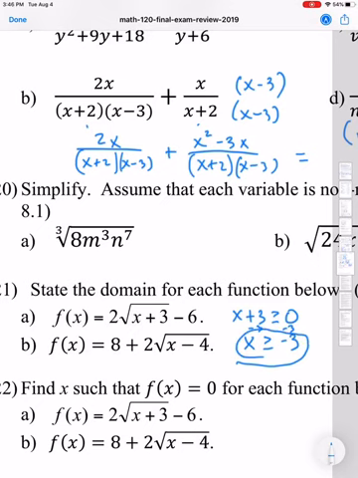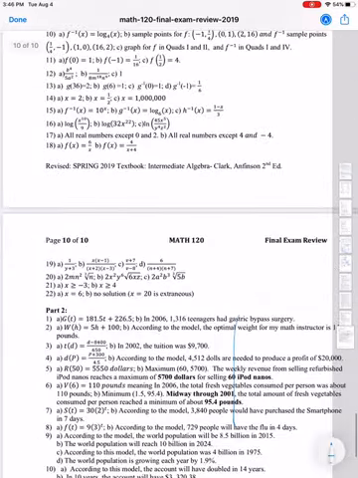Your domain is x has to be greater than or equal to -3. I'm okay with that, but some people are more specific on the notation, like set notation: the set of all x such that x is greater than or equal to -3. Let's look at the answer, how they have it.